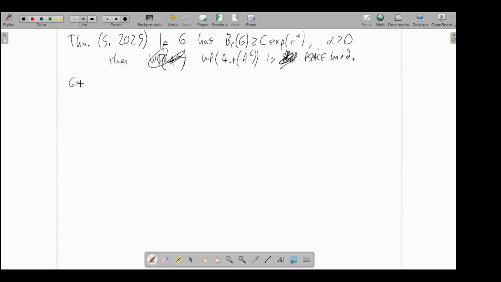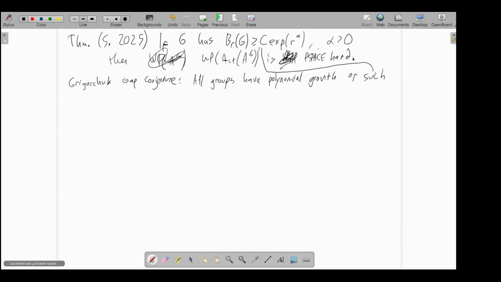So the Grigorchuk gap conjecture says that all groups have polynomial growth of balls or such growth.